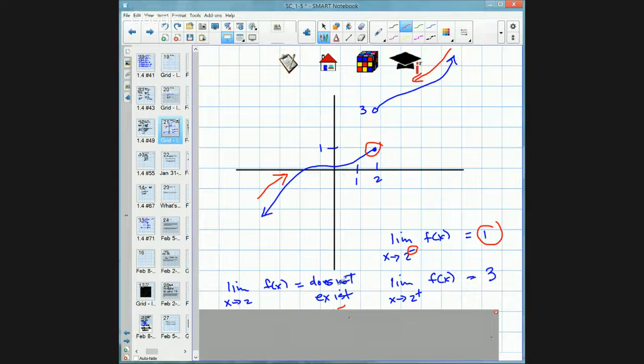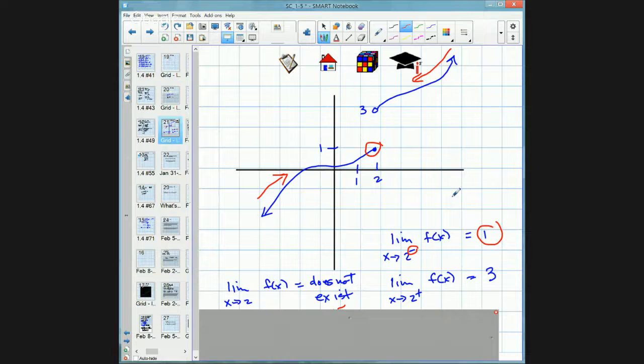But from the right, this one here says the limit of f of x as x approaches 2 from the right, that's what that little plus means, that limit is 3. So when I'm coming from the left, I'm approaching a height of 1. When I'm coming from the right, I'm approaching a height of 3.